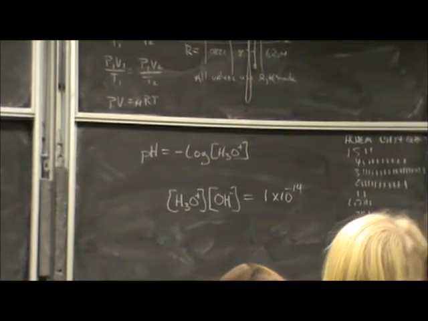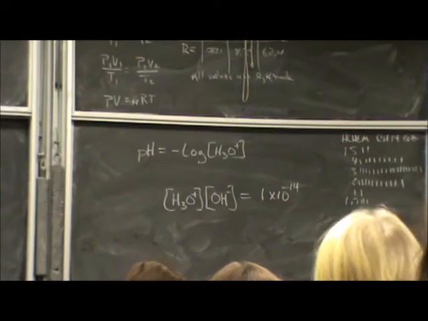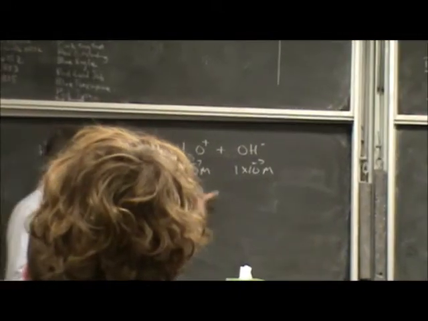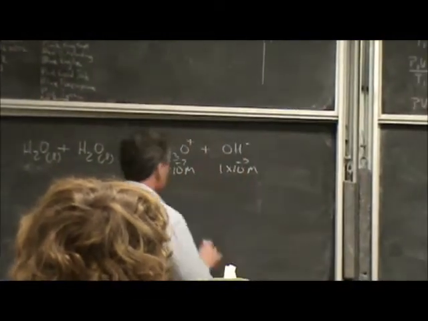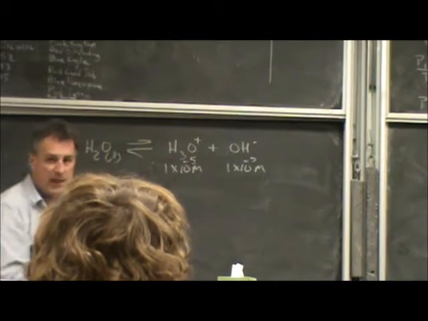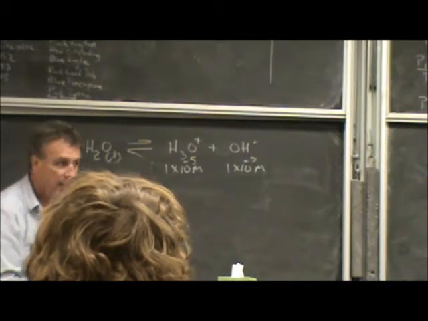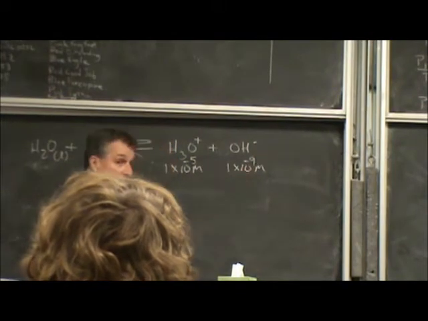Remember, in pure water, each of these has a concentration of 1 times 10 to the negative 7 moles per liter. And of course, the product of the two would be 10 to the negative 14. If I increase this to 10 to the negative 5, that's an increase, isn't it? Then this would have to decrease to 10 to the negative 9, wouldn't it?